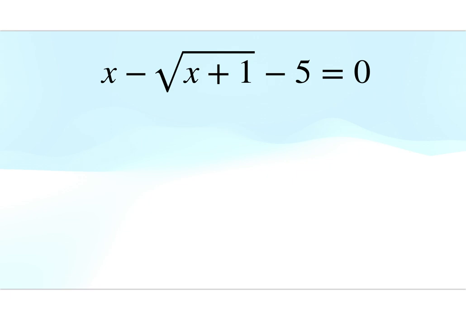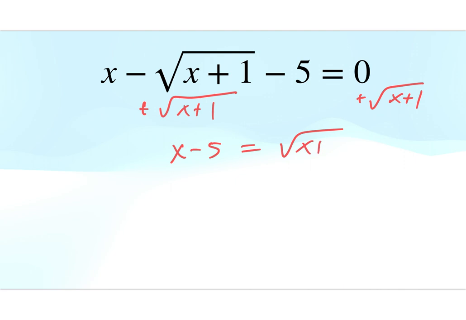Process when dealing with square roots is get the square root all by itself on one side. So you can either take this x and the negative 5 and move it over, or I can take the square root and move it over. I'm going to actually, because it's only one step, add root x plus 1 to both sides, leaving me with, on the left, x minus 5 equals, on the right, root x plus 1.